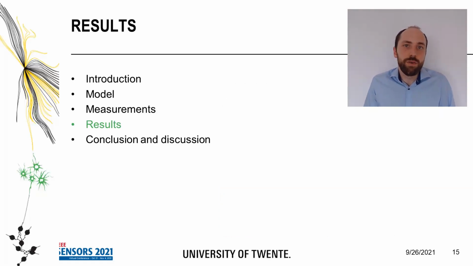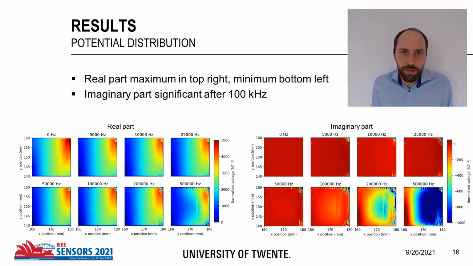So now, what do the results that we get from this look like? First of all, there is quite a bit of data produced this way. Because of the multi-frequency measurement, the voltage distribution is simultaneously measured at 8 different frequencies, and of course this distribution has a real and an imaginary part, so that's 16 graphs.